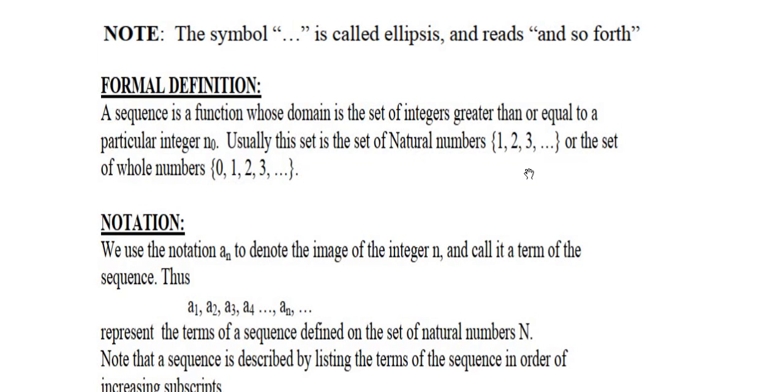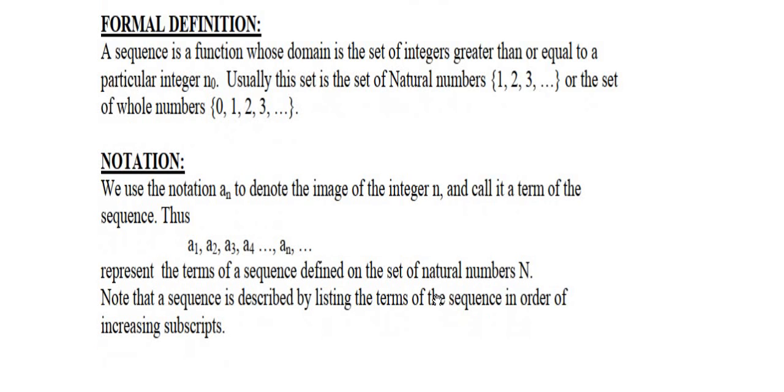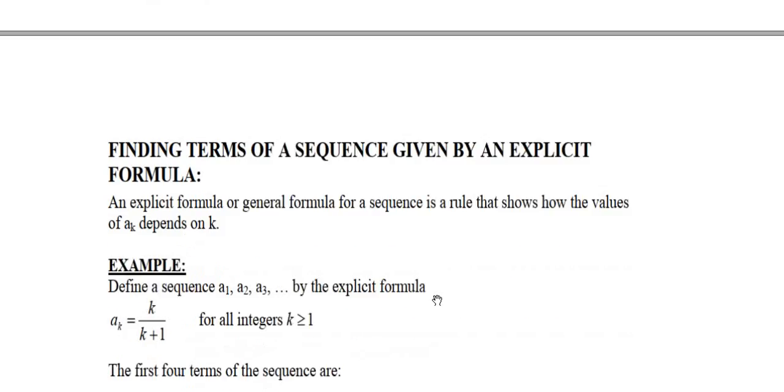The notation of a sequence is a_n, which denotes the image of integer n and is called a term of the sequence. Thus a1, a2, a3, a4, ... an represent the terms of a sequence defined on the set of natural numbers.